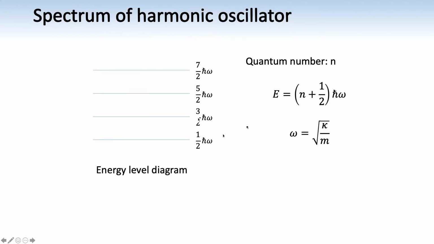We are not going to actually go through that. We just borrow the result, namely that E is n plus 1/2 h bar omega. And we just discovered that the ground state is of the form a e to the negative alpha x squared.